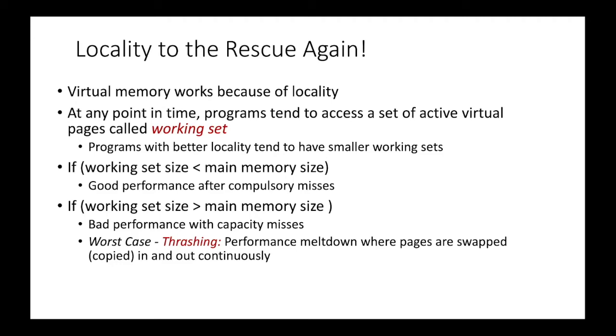If the working set size is less than main memory size, we expect good performance after compulsory page faults. If the working set size is greater than main memory, performance may not be so good, with more page faults. In the worst case, thrashing can happen, where pages are swapped in and out continuously.